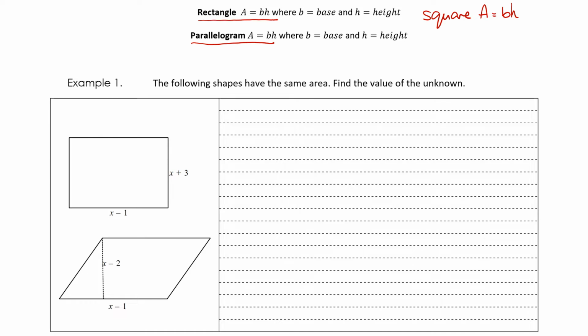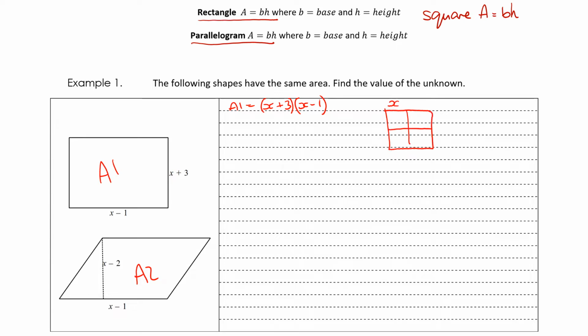Okay, so to find the area of shape 1, we'll call this area 1, we'll call this area 2. So area 1 is going to be x plus 3 times x minus 1. Do you notice anything here? Have we learned how to expand these before? Why, yes, we have. And what we do is we use the boxes method.